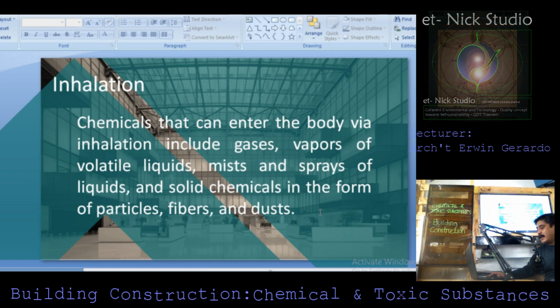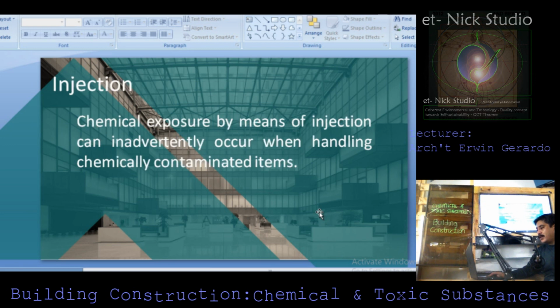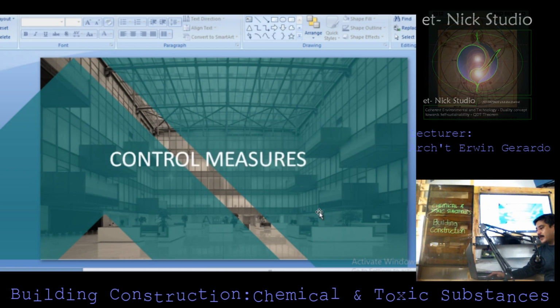Chemicals that can enter the body via inhalation include gases, vapors of volatile liquids, mist, and spray of liquid and solid chemicals in the form of particles, fibers, and dust. Ingestion. Ingestion of chemicals can result from hand-to-mouth contact, or consuming contaminated food or drink. Injection. Chemical exposure by means of injection can inadvertently occur when handling chemically contaminated items.